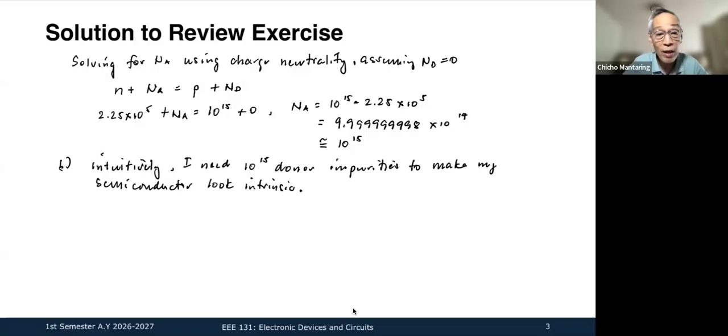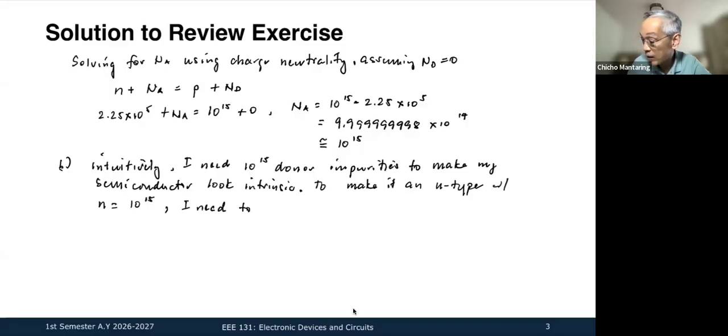Pero hindi yun ang gusto ko. Ang gusto ko, maging N-type siya, with N equal to 10 to the 15. So, to make it an N-type with N equal to 10 to the 15, I need to add another 10 to the 15 donor impurities.